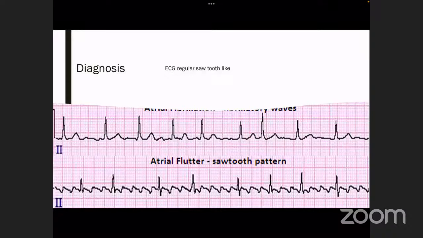The management of atrial flutter is exactly as for atrial fibrillation, apart from atrial pacing. You can use atrial pacing because it's a re-entry circuit, so you can override it and break the circuit.